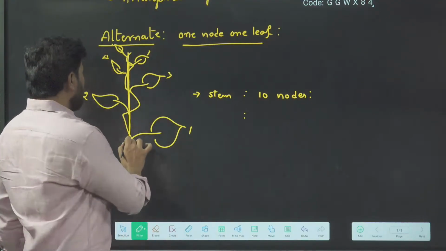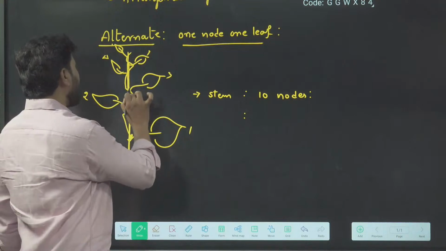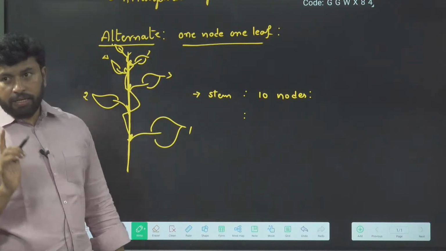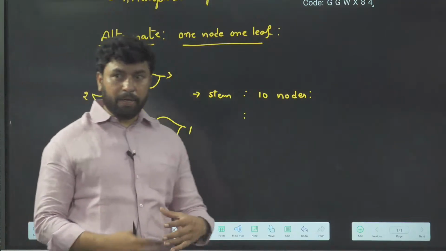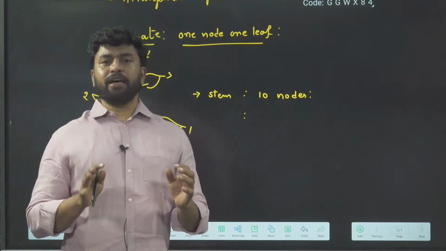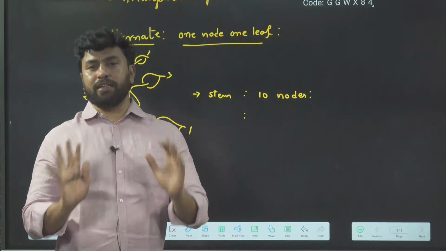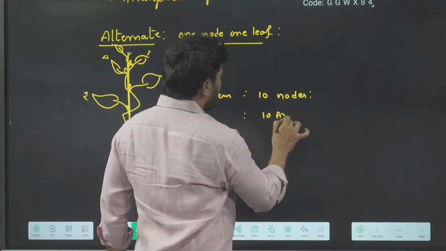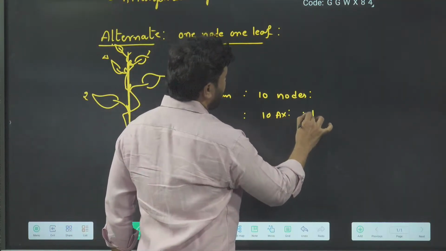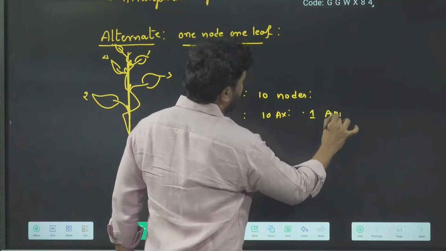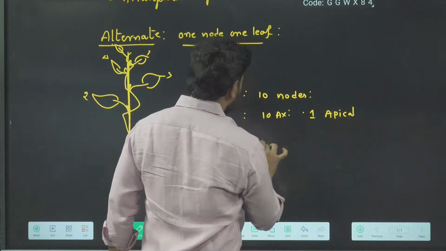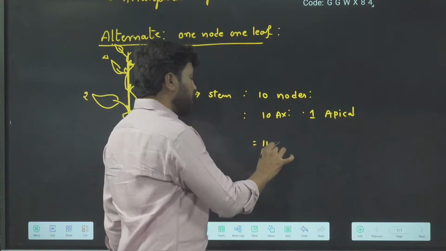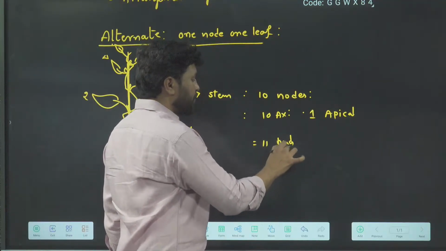Remember, every node has one axillary bud. So 10 nodes, 10 axillary buds. They did not say particularly axillary buds; they are just asking how many buds are there. There are 10 axillary buds, and one apical or terminal bud will be present. There should be a total of 10 plus 1, 11 buds.